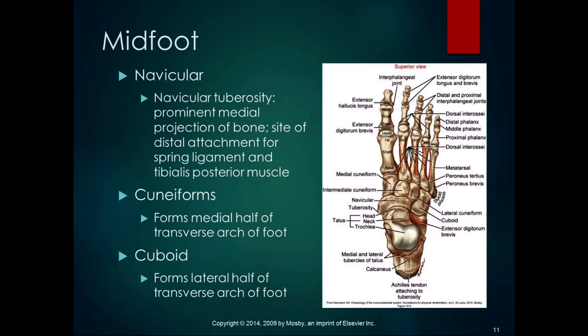The first, second, and third cuneiforms, or medial, intermediate, and lateral, articulate with the first, second, and third metatarsals. The cuboid articulates with the fourth and fifth metatarsals, and the distal portion of the calcaneus. So the cuneiforms form the medial half of the transverse arch of the foot, and the cuboid forms the lateral half of the transverse arch of the foot. And we'll talk more about arches soon.